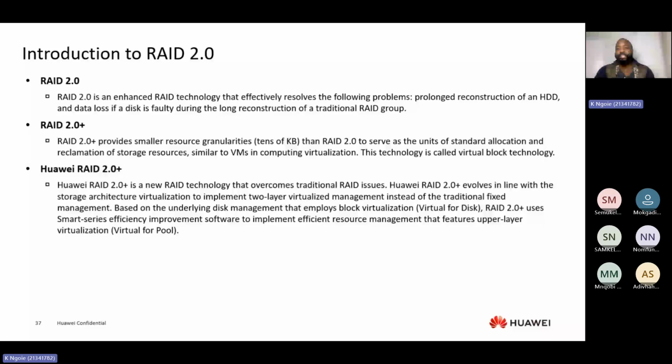Last time we spoke about virtual machines, where we take what we have locally, virtualize the computer, and have multiple clients use the same system. So RAID 2.0 plus, by creating these tiny blocks, allows a fast rebuild of the disk, because now we are dealing with really small pieces of data that need to be rebuilt.